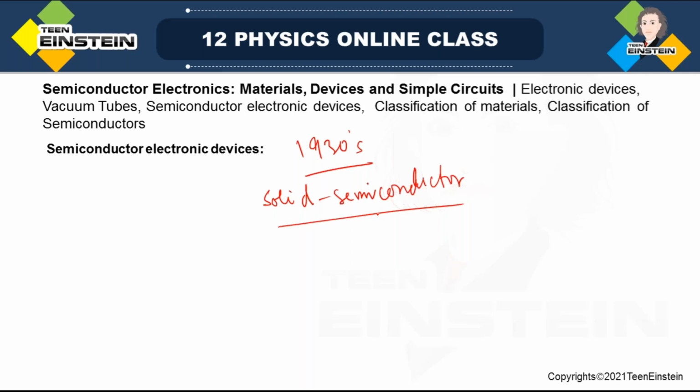In solid semiconductors no vacuum is needed. This is the main point. Electrons can easily flow within the solid semiconductor.